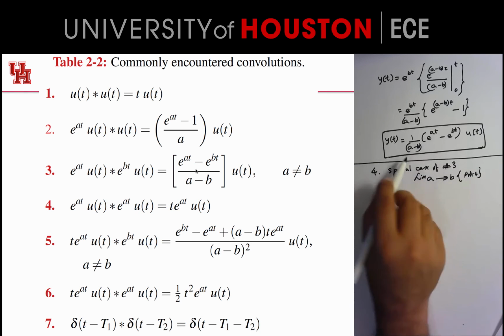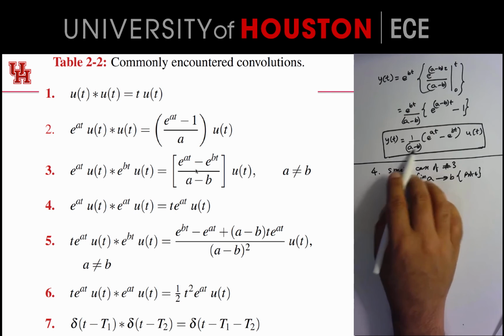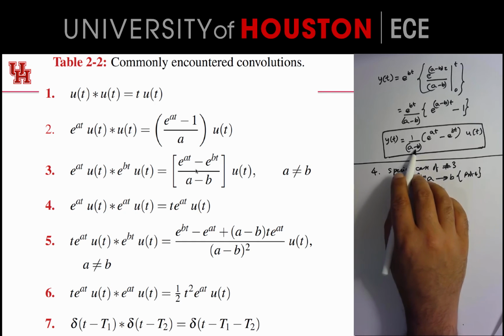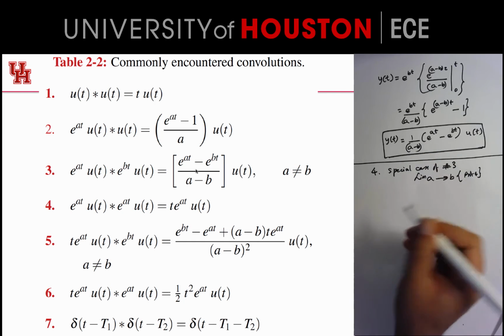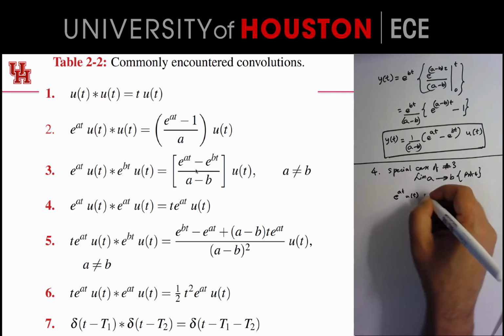But the trouble is that you have a minus b in the denominator, and you can't just set a equal to b because that's meaningless, because denominators can't be 0. So one way to do that is to take this formula and take the limit of that as a tends to b, or we can work from scratch. So we are asked to convolve e to the at u of t with itself.